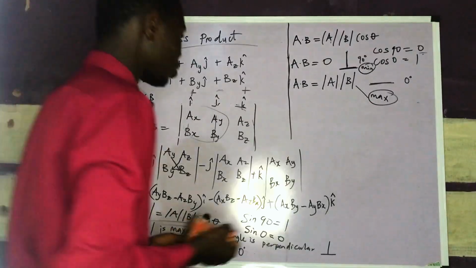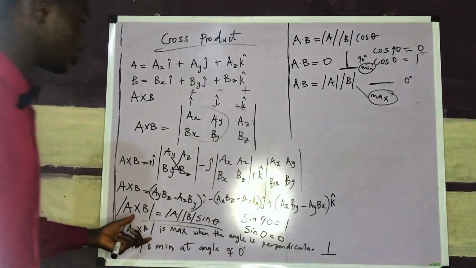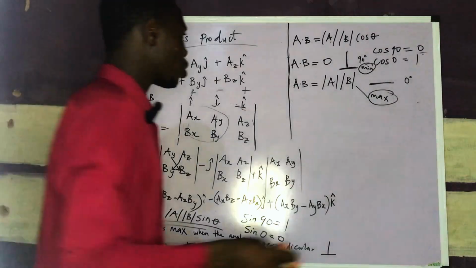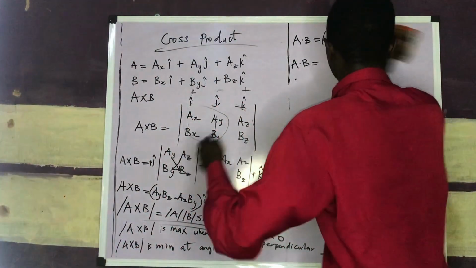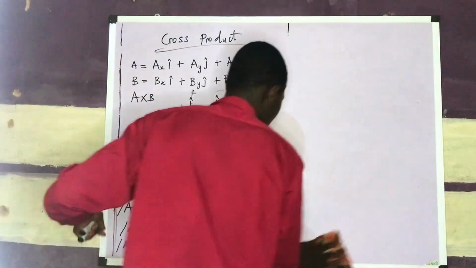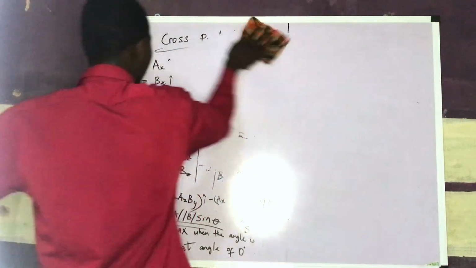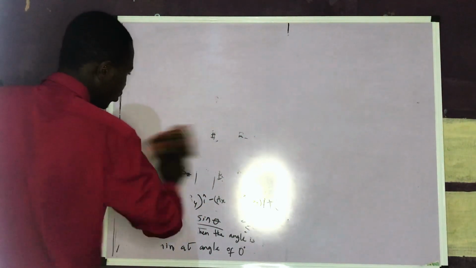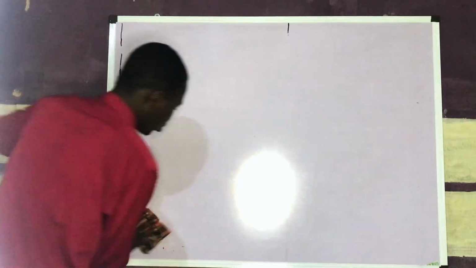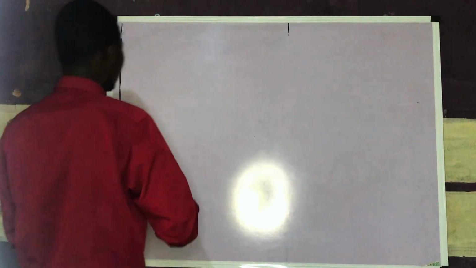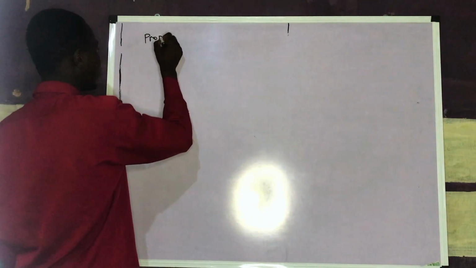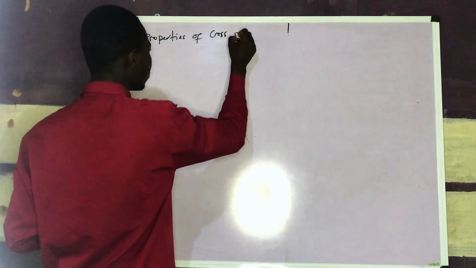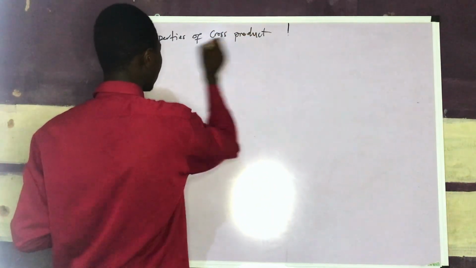Now this is for the cross product. Now we have properties of cross product. We have some properties of cross product, the sign convention that you will see when you are working on cross product.